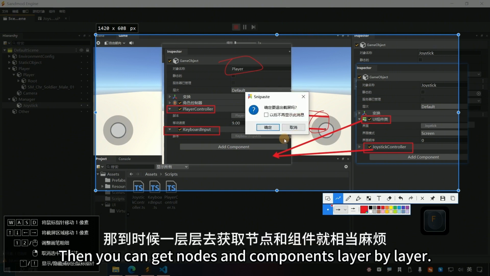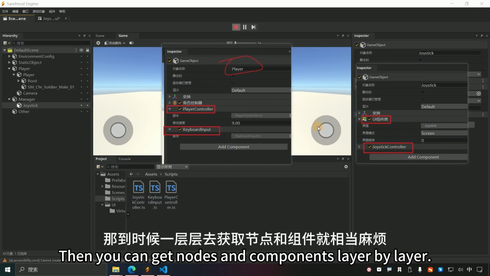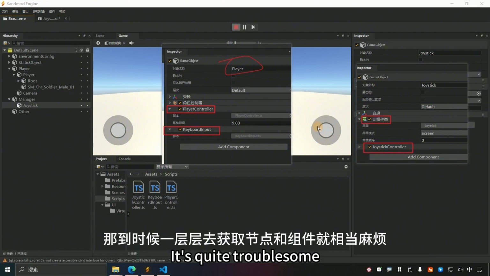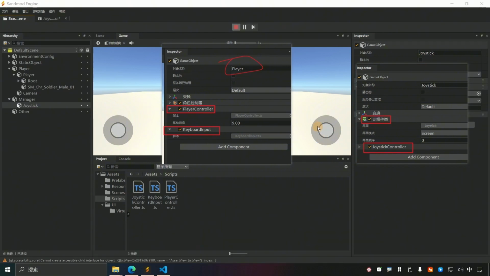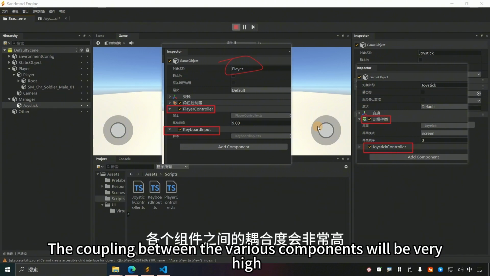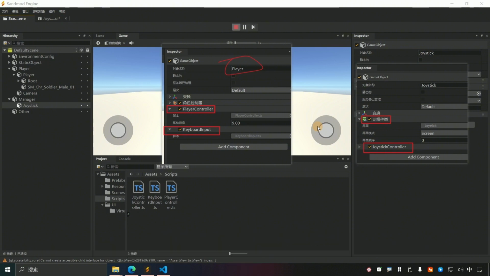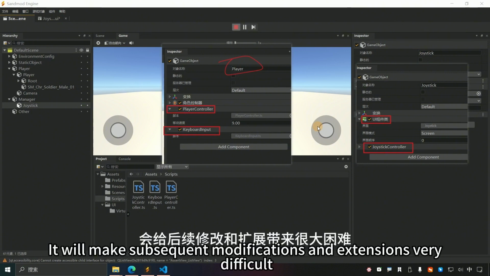Then you can get nodes and components layer by layer. It's quite troublesome. And doing this, the coupling between the various components will be very high. It will make subsequent modifications and extensions very difficult.